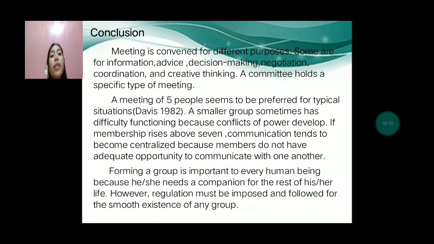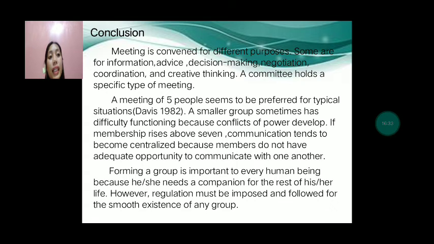So, in a group, a meeting is convened for different purposes, either for advice, decision making, negotiation, coordination, creative thinking, or deep analysis towards a problem that exists in a certain group.